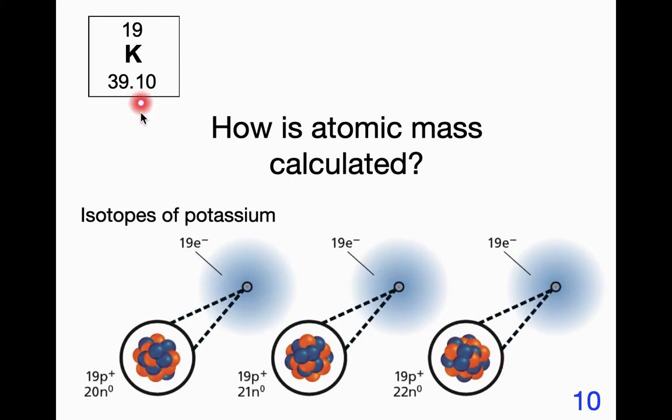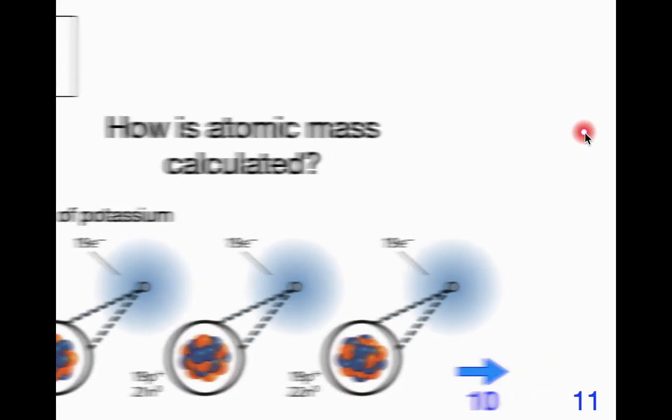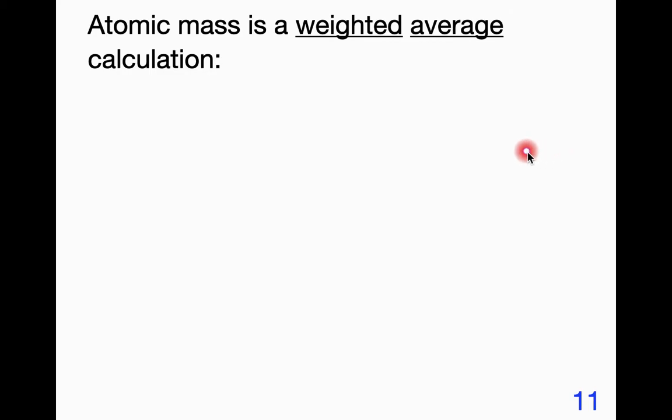Well, the problem with that is that some isotopes are really rare and others are much more abundant. So when we do this, we have to consider the fact that some are much more abundant than others. So what we use is what's called a weighted average. Atomic mass is a weighted average calculation.